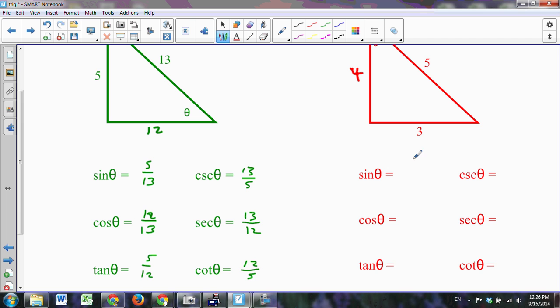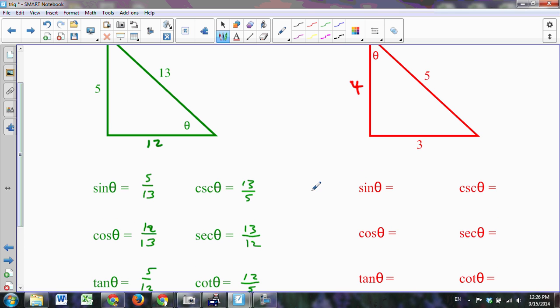All right. Now, the sine, cosine, tangent of theta here. Well, the sine of theta, remember, theta is up here now. So the opposite leg is down here, 3. So let's put that here. The sine is going to be opposite over hypotenuse, 3/5. Cosine will be adjacent over hypotenuse, 4/5.